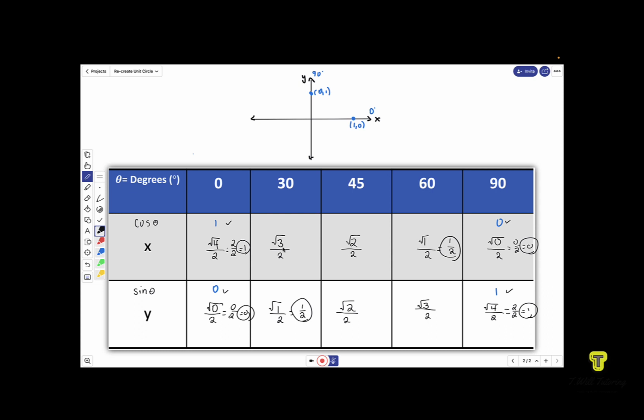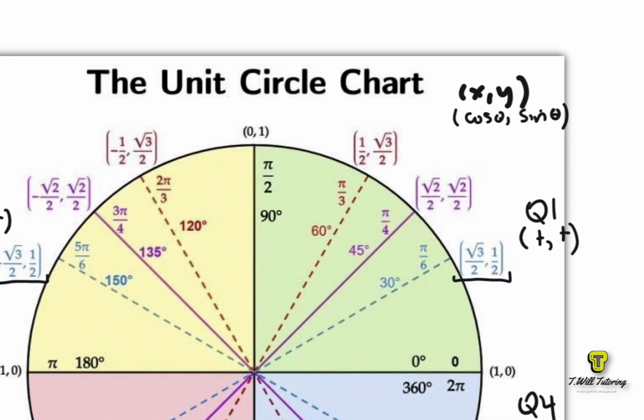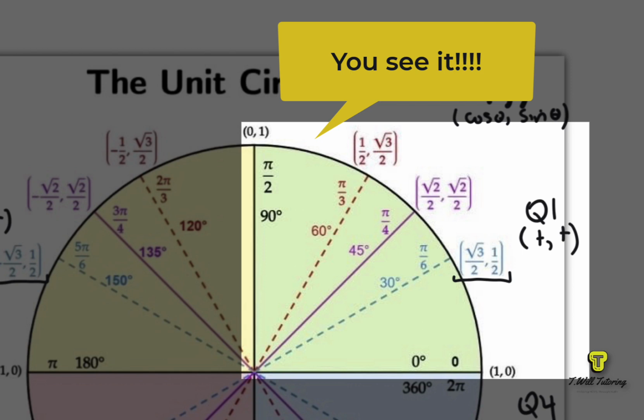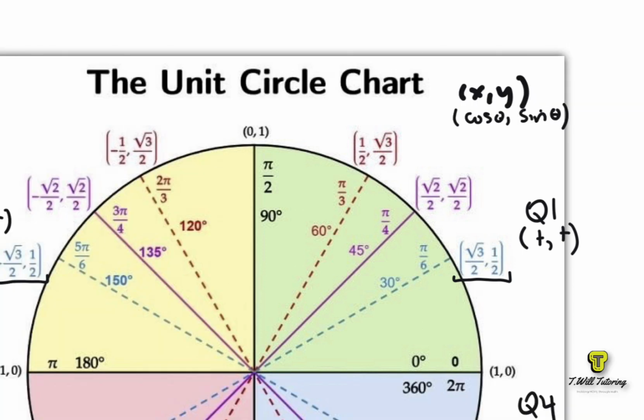So it gives you all the information within your first quadrant. All right, so if I go back, we have the same values within quadrant 1 for the x and y. And just like that, we're back.